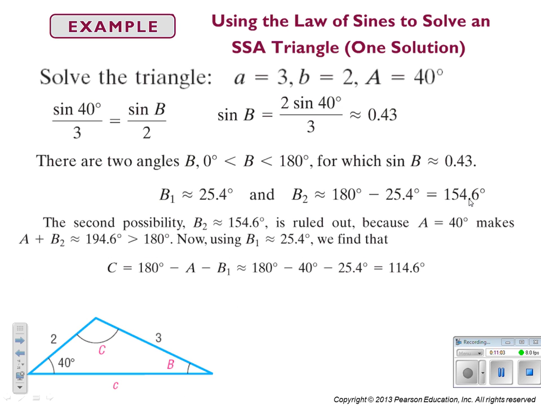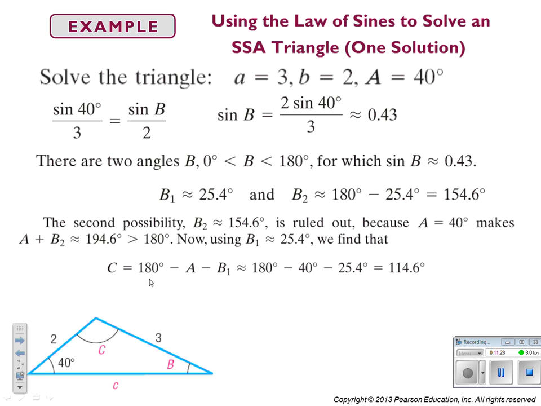We do a little test, and we can rule out 154.6 because when we do the triangle sum, if this is 154.6 and we already have 40, we're going to get a number that's bigger than 180 without even counting in angle C. So we know that it's not 154.6, but we have to test.